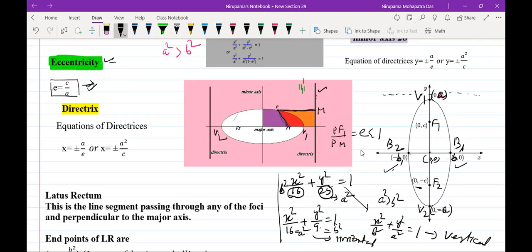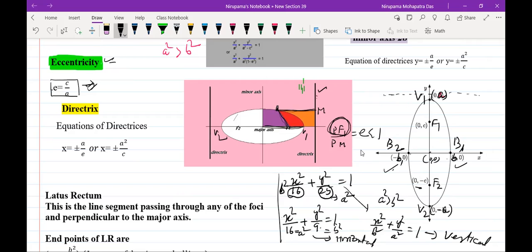Whenever you take any point, the ratio of the distances of these, this one is your V1, I mean A. So eccentricity we define as C by A. The proper definition of eccentricity is the ratio of the distances of the point from a fixed point to a fixed line. In case of parabola, P is a point on the parabola equidistant from focus and directrix, so we take e as 1.